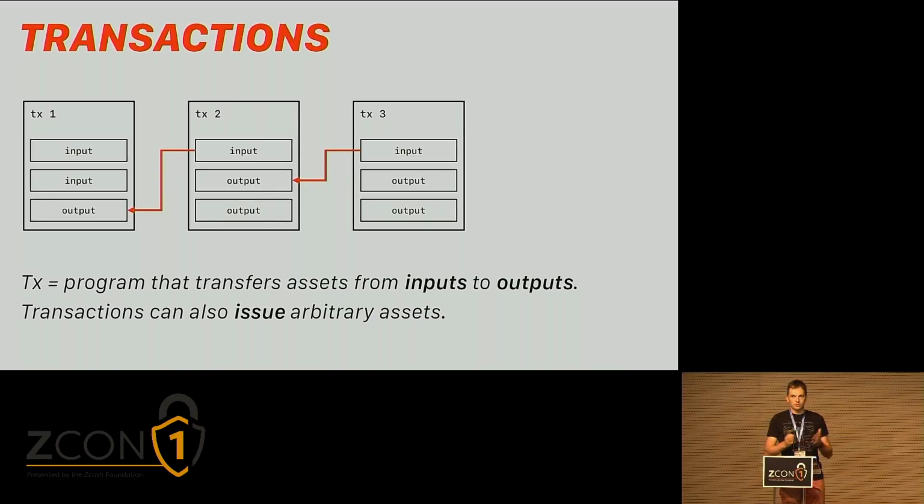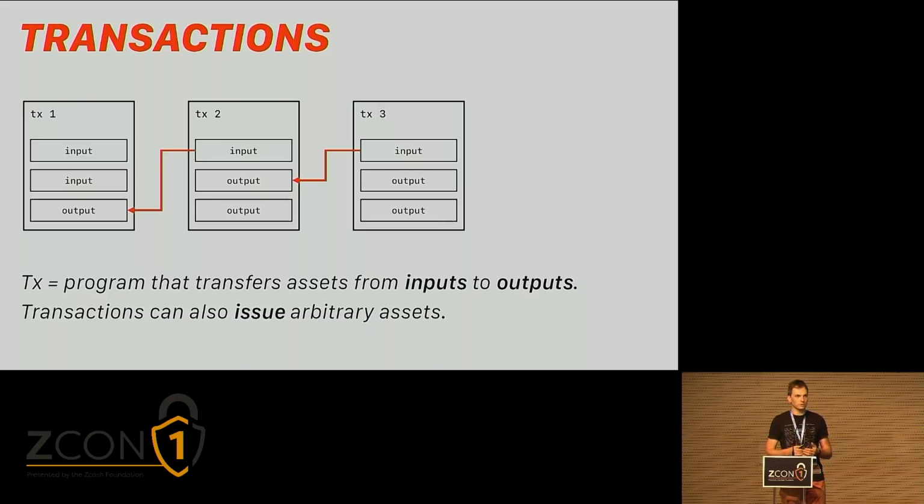We start with a transaction model that is pretty simple. For everyone who is aware of how Bitcoin works, it looks pretty similar. You have inputs and outputs, the value is transferred from inputs to outputs, and transactions form a chain of transfers. It differs from the Bitcoin model in two important ways. First of all, in ZKVM, you can issue arbitrary assets, so there is no single coin that is built in.